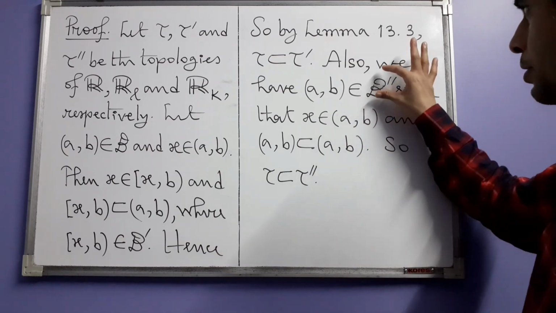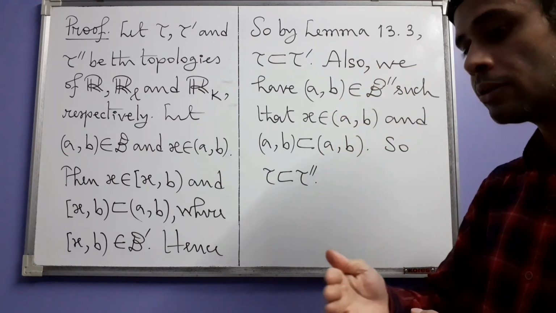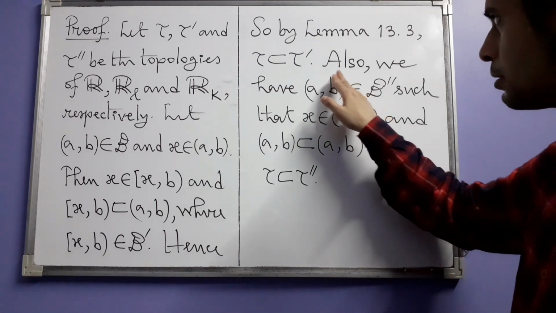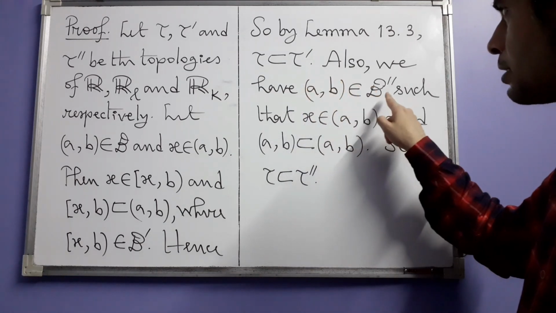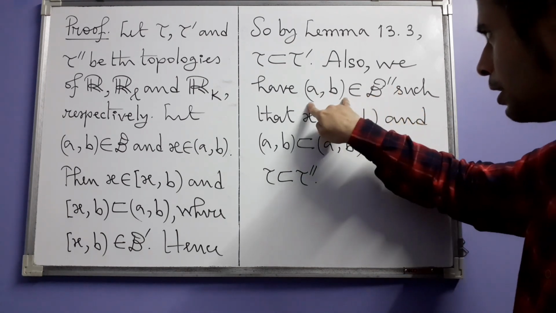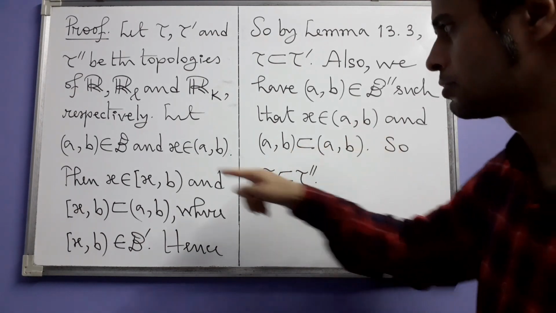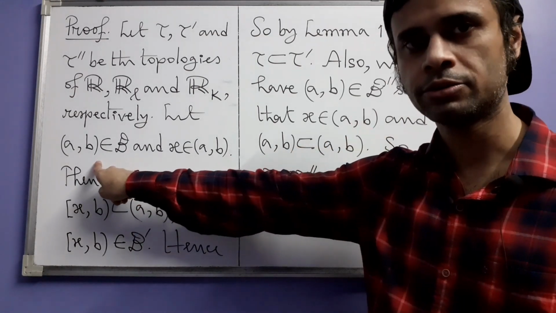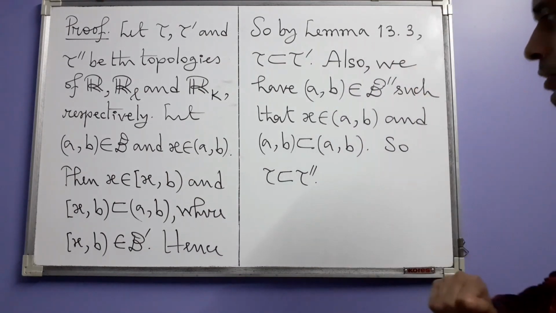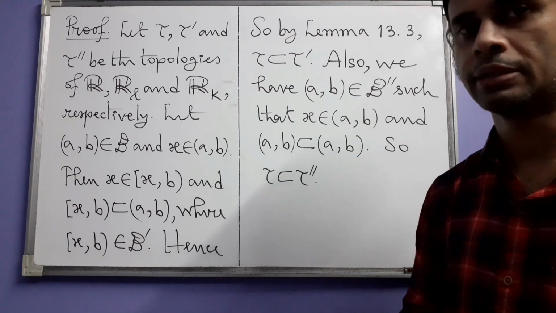Recall that this basis consists of all ordinary open intervals and open intervals minus K. So that's why you can think of this itself as an element of B double prime, such that it contains that point and is contained in itself, which was the original chosen basis element of the old basis. So again, by this same lemma, the K topology is also finer than the standard topology.